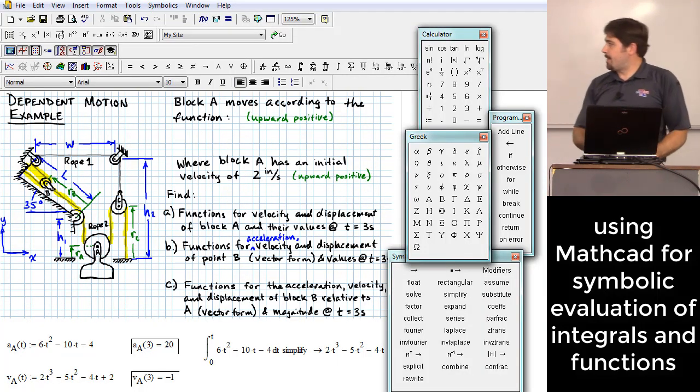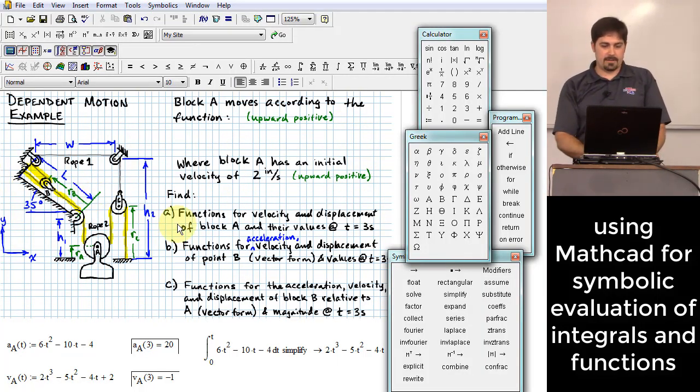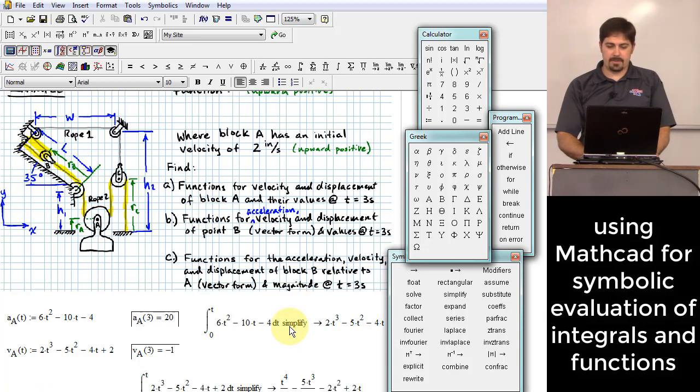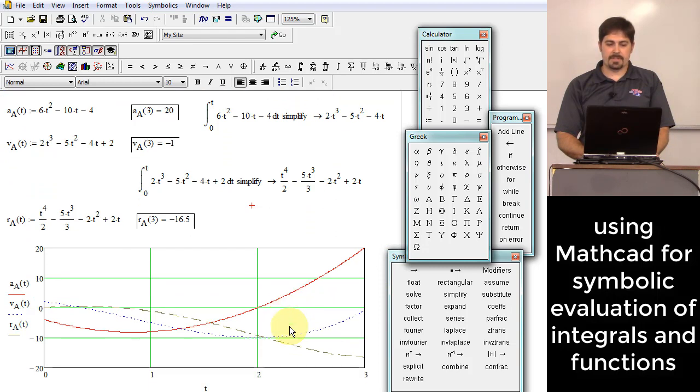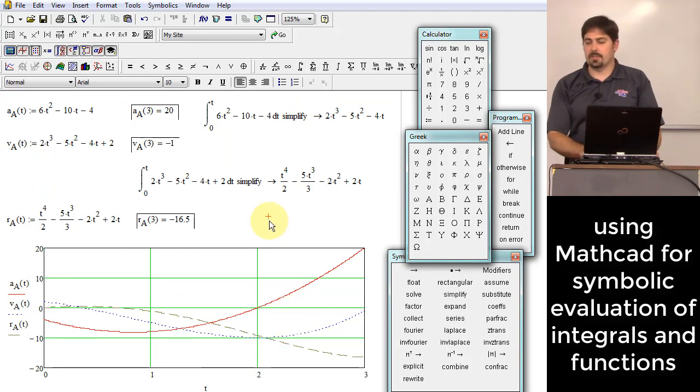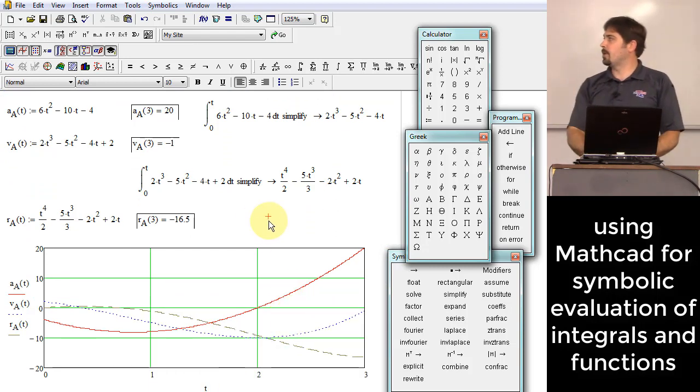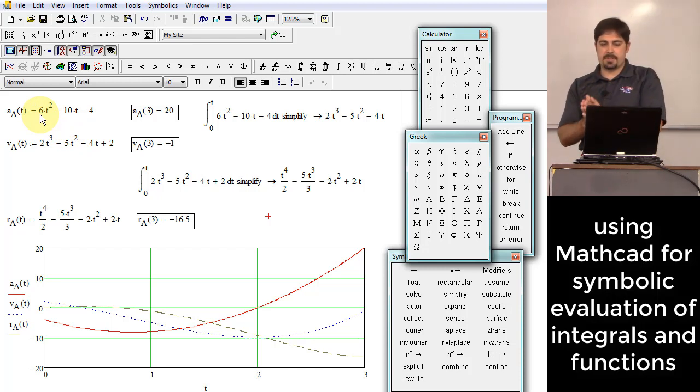All right, here's my Mathcad sheet that I've already gotten started with. In case you aren't familiar with how to do some of these things in Mathcad, let me touch on them real quick before we get into the next part of the problem. I first defined the acceleration function, because I'd like to use symbolic manipulations that you can certainly do within Mathcad.